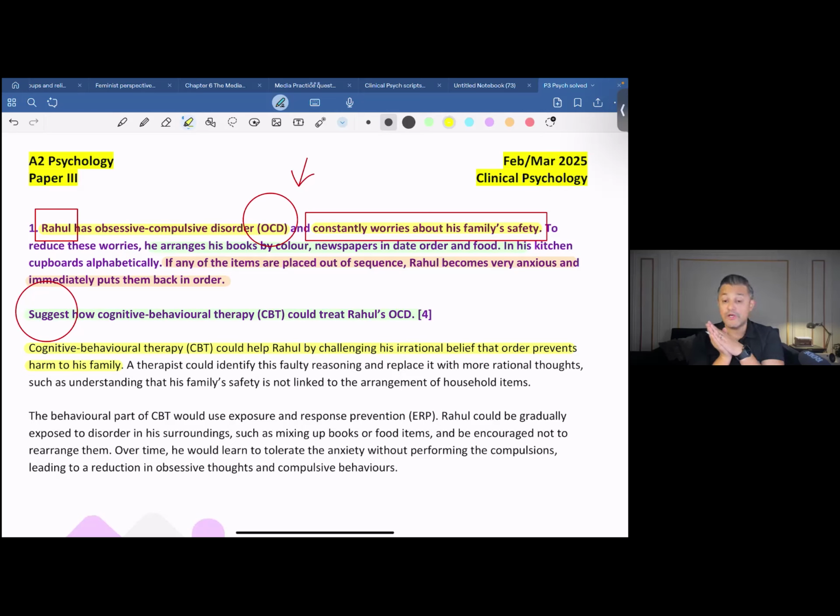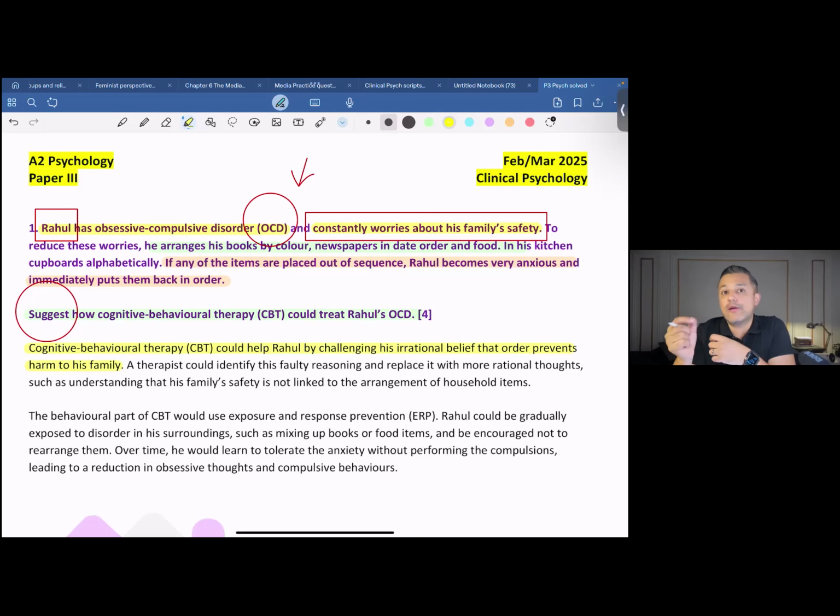Now, I think I did not explain what cognitive behavioral therapy is. I won't take very long again. When we talk about cognitive behavioral therapy, as the name suggests, your cognitions. So it's a cognitive therapy, right? Based on the idea that you identify those irrational thoughts that an individual has.